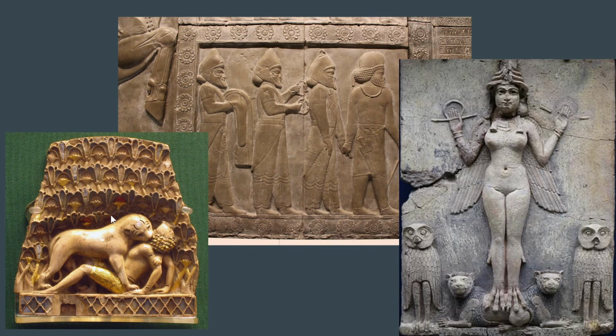And here's the animal interaction, and here's the very geometrical composition, right? Very geometrical, and it's also symmetrical. If you draw a line down the middle, you can mirror both sides, and they're exactly the same.